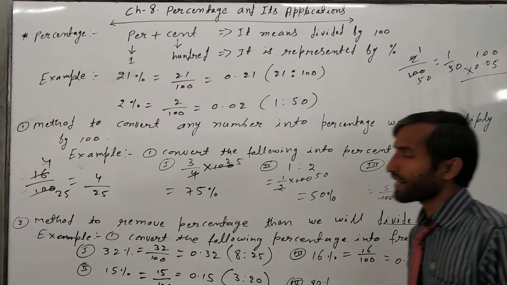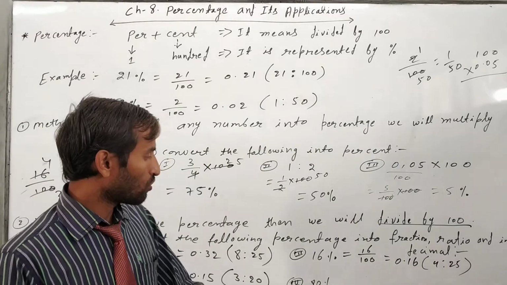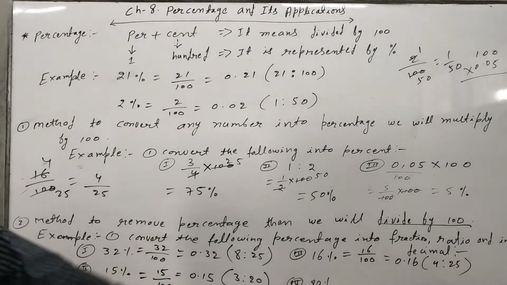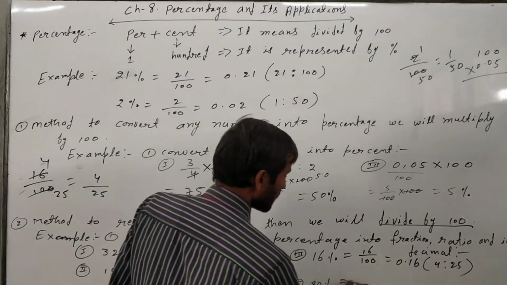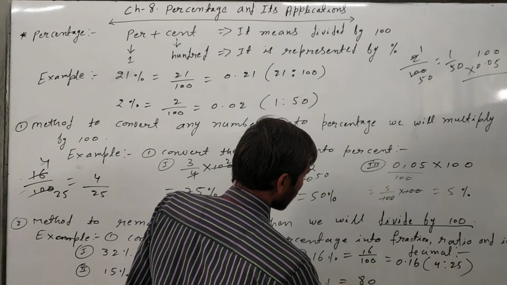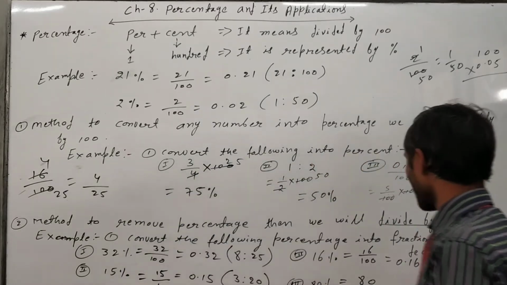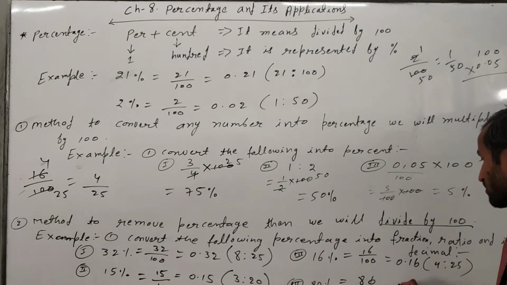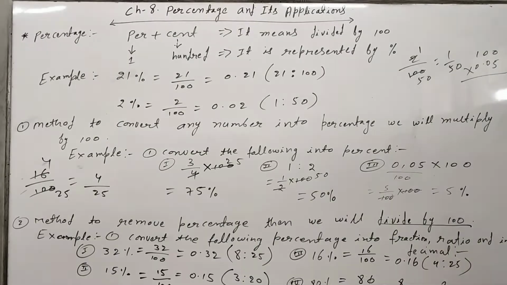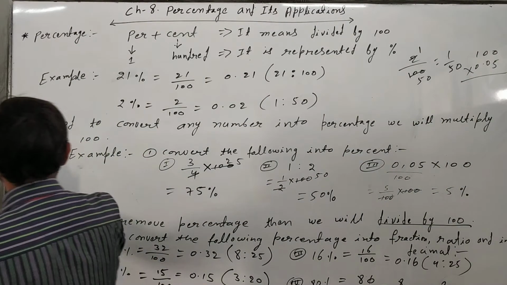Now this one is 80%. We remove the percentage and divide by 100 again. So 80 upon 100 will come. Now to convert into decimal, just cancel out to 8 upon 10, then you can write 0.8. Then we convert this 8 upon 10 into the simplest ratio.